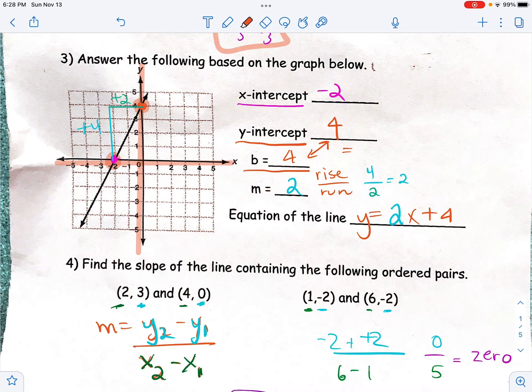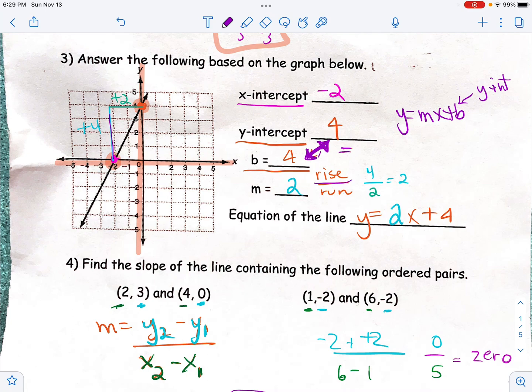Now, when we do y equals mx plus b, our y-intercept is the b, right? So once we solve for the y-intercept, these two are the same thing. It's both equal to 4. And then our m is our slope, which is our rise over run.